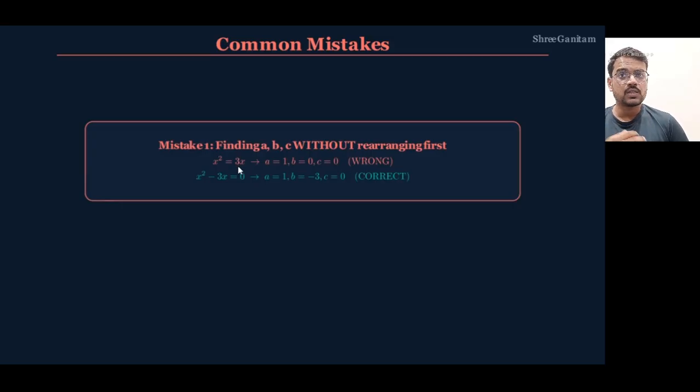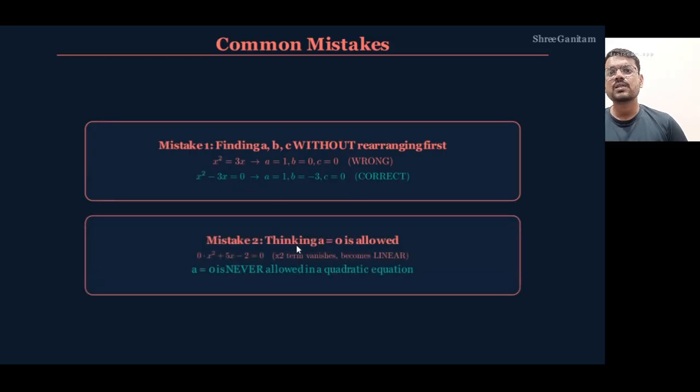Because 3x is here on the right side. First of all, we have to make it correct and we have to transfer it to the left side, sorry. So it becomes x square minus 3x equals 0, which implies the coefficient of x square is 1, the coefficient of x is minus 3, which is b is minus 3, and there is no constant, so c is 0. This one is correct.